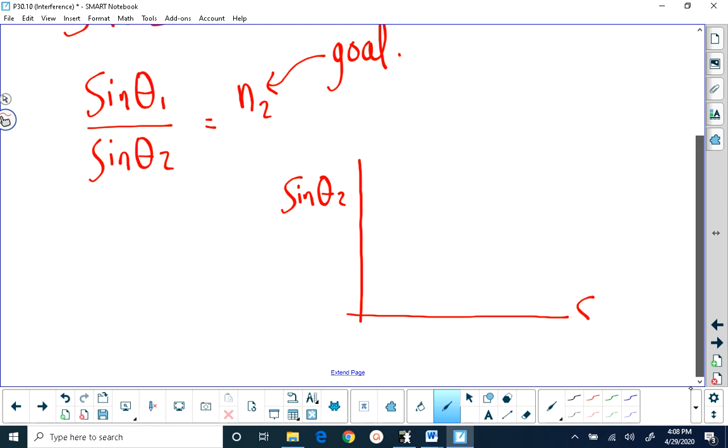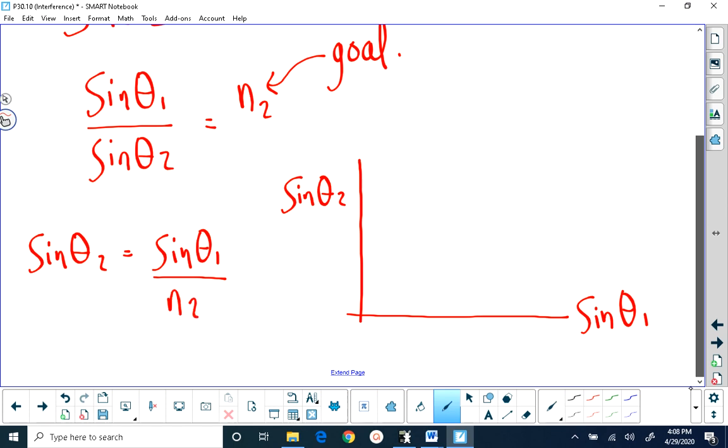And x is going to have to be the sine of theta 1. If we rearrange this equation for sine of theta 2, which is our y coordinate, we're going to have sine of theta 1 over n2. Now, how does that help us?